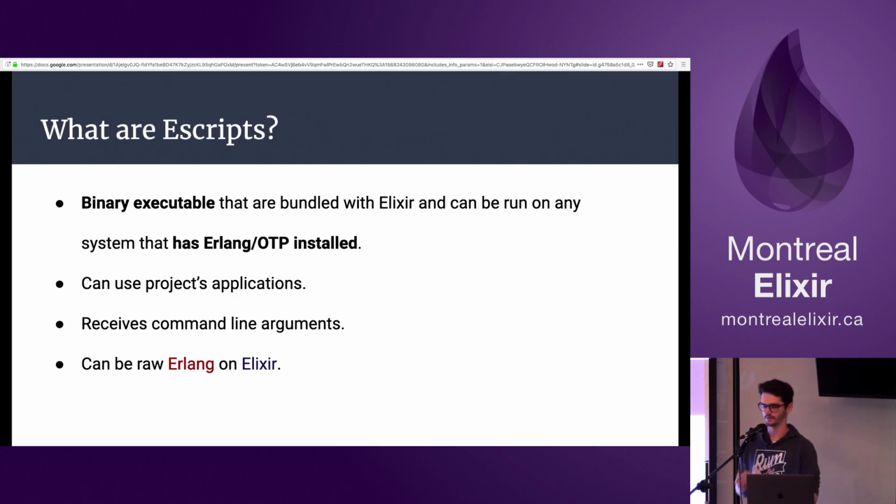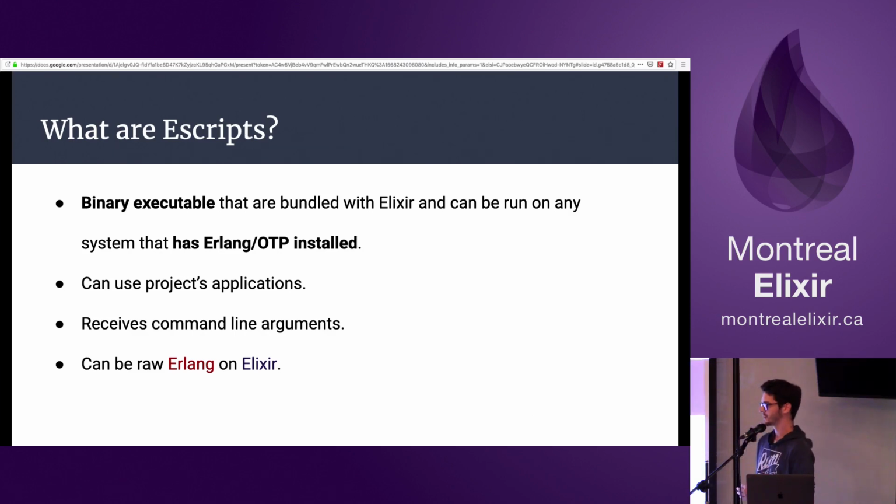So what are they? First of all, escripts are binary executables which, as I said, can be bundled with Elixir if you wish to, but you're not forced to. We'll talk a bit about it later. They can be run on any system with Erlang or OTP installed. So they can use applications. If you have Ecto or any external dependencies that run their own processes, you can use them in your binary.